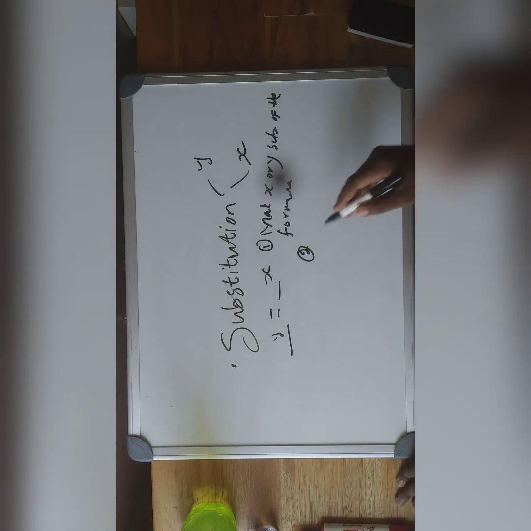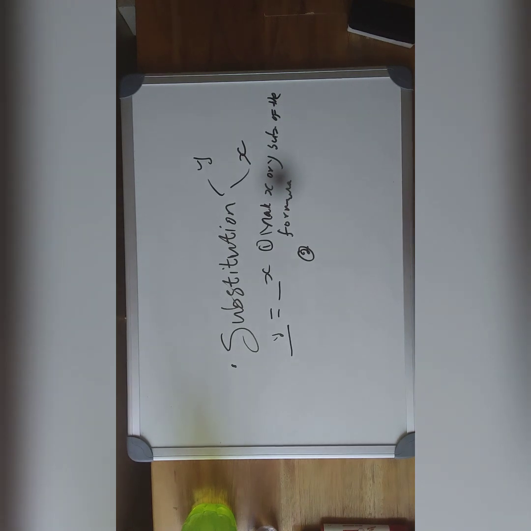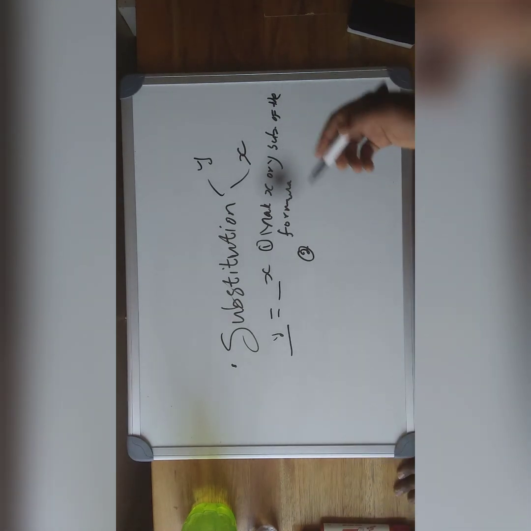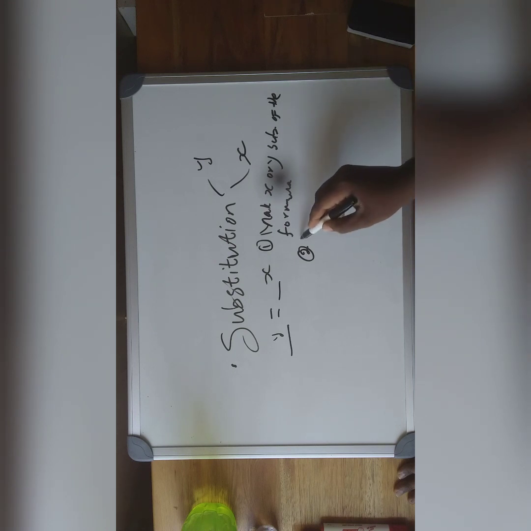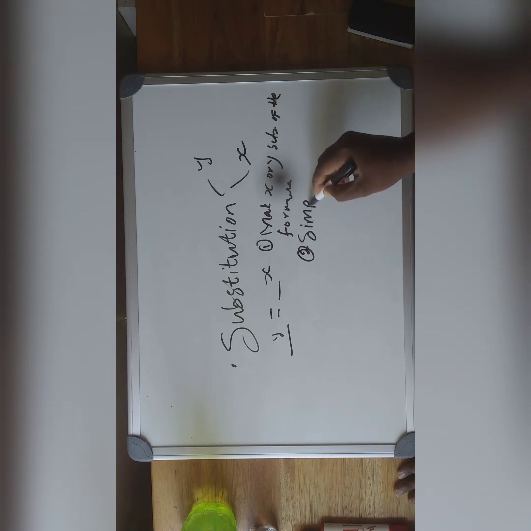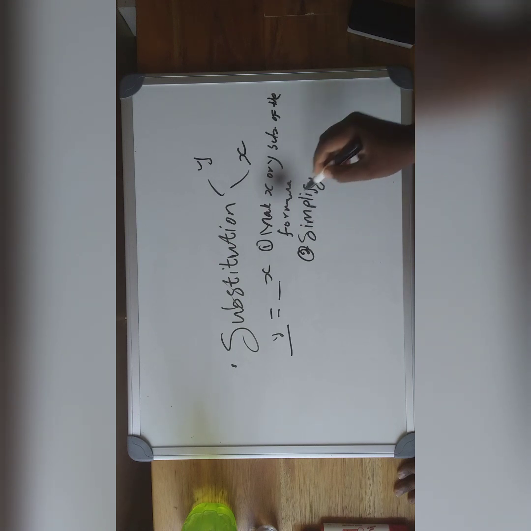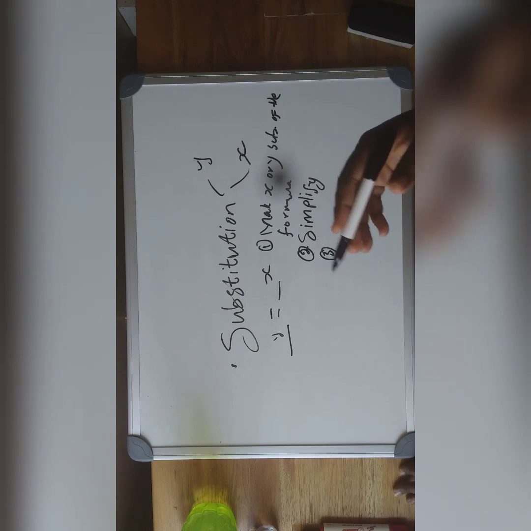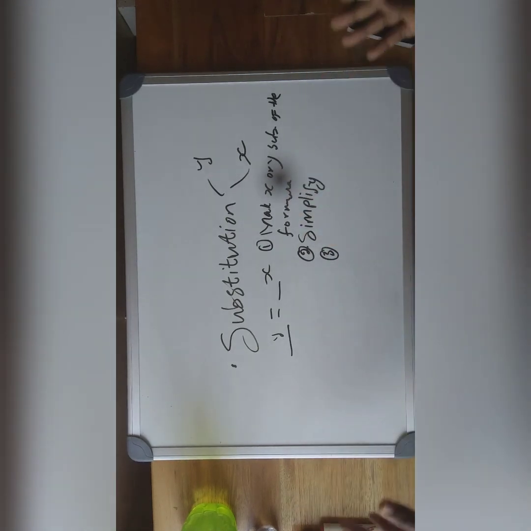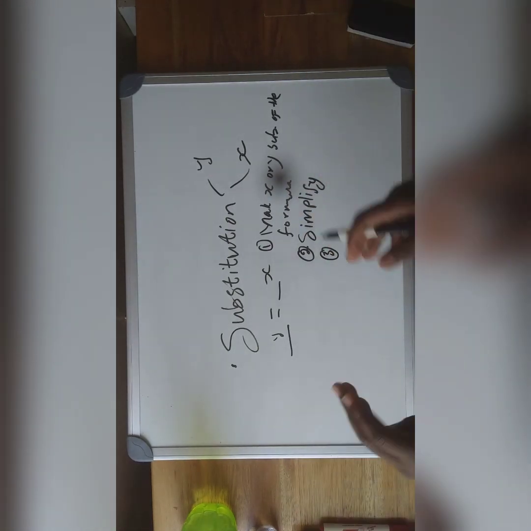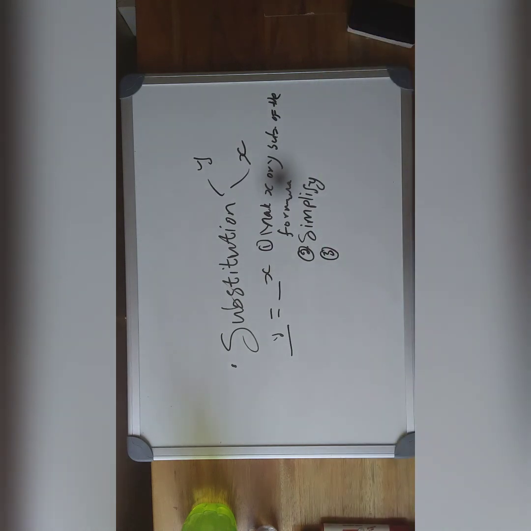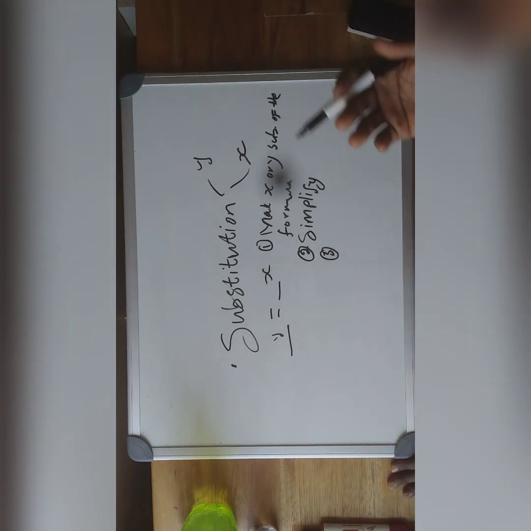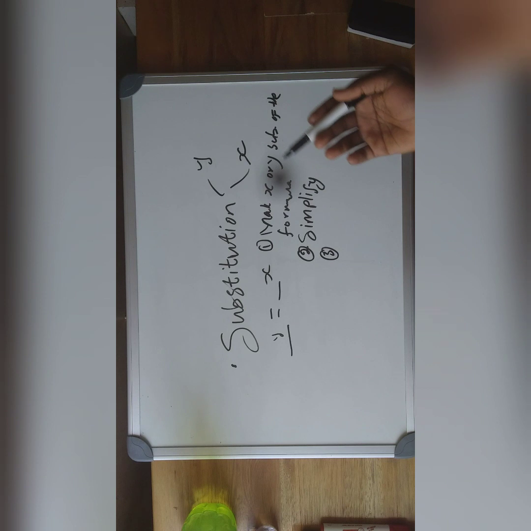Number two, I'm just giving you tips so that you know how to tackle these kinds of situations. So number two, you simplify the whole equation. And then number three, now after simplifying, you just put everything in order, and then you add those which are addable, and then subtract those which are subtractable.